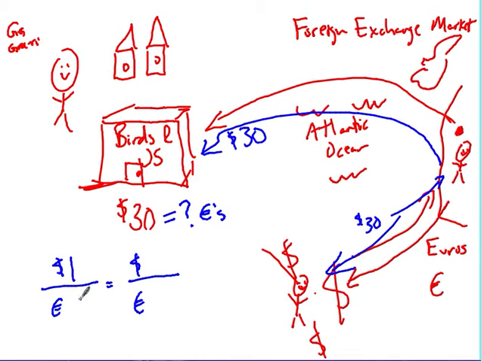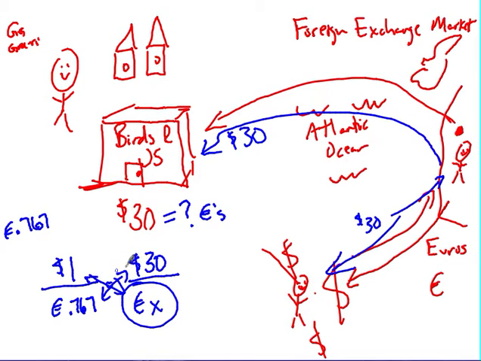And so we'd say $1, and we know that it was 0.767. Okay. So $1 is equal to 0.767 euros, and we know that this product costs $30, and so this is our variable. All right, that's our x. And so now all you do is solve for x. You just remember, just cross multiply this, and so we would say x equals 30 times 0.767.